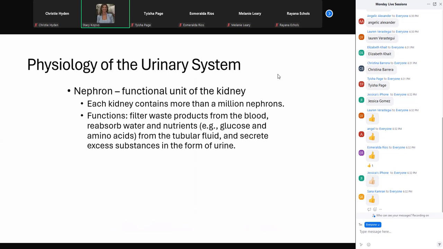One of the most important parts of the kidney is the nephron. That is the functional unit of the kidney. That question's asked all the time. Each kidney contains more than 1,000,000 nephrons, and make sure you know the function, which is to filter waste products from the blood and reabsorb water and nutrients.